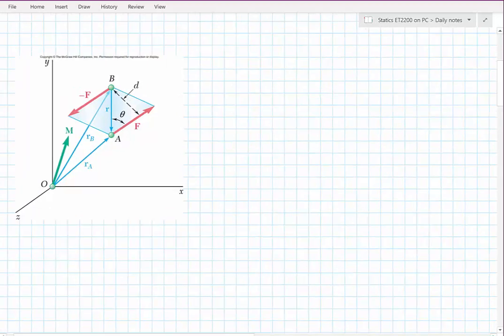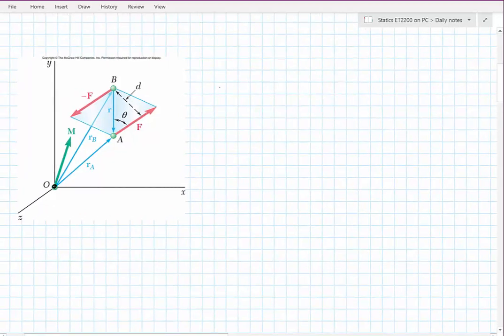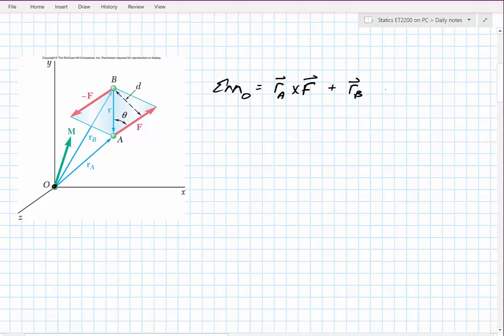All right, so taking a look at this diagram, let's say that I wanted to sum the moments about this origin point O. We know a moment is a force times a distance, or r cross F. So this would be the radial arm out to point A crossed with the force, and I would add that to the radial arm out to B crossed with the negative force, because that's going the opposite direction.